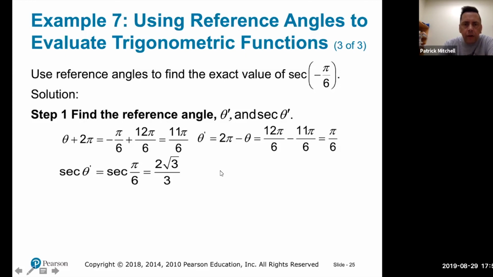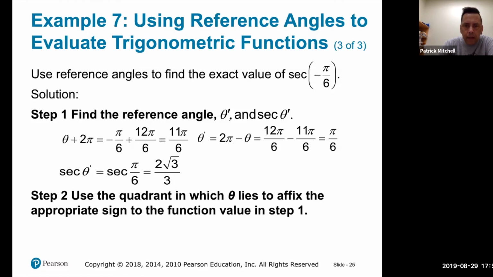So I'll leave it to you to check that the reciprocal of square root of 3 over 2, once you rationalize the denominator, is 2 root 3 over 3. Okay. All right, so that's the secant of pi over 6. And because secant is positive in quadrant 4, the secant of negative pi over 6 will also be 2 root 3 over 3.